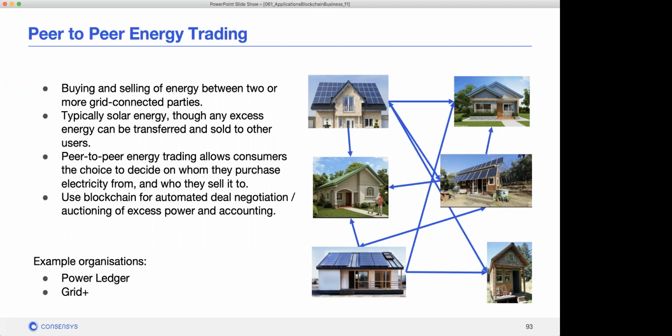Also, if you've got, say, a townhouse estate, so you've got your own mini electricity grid, then you can do this sort of thing. Generally, though, in Australia, you can't do this sort of peer-to-peer trading across the public electricity grid. And Power Ledger over in WA and Grid Plus are involved in this technology.